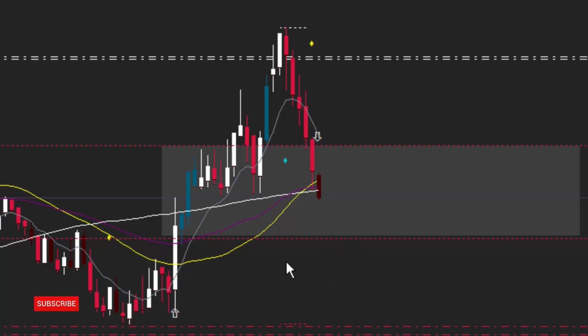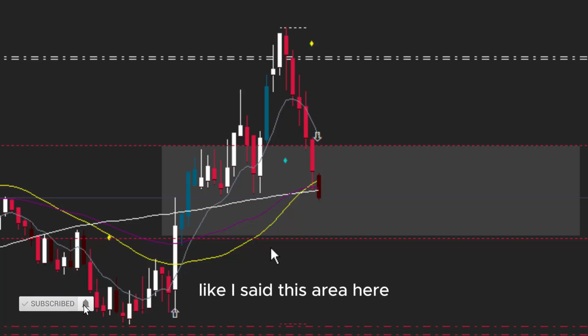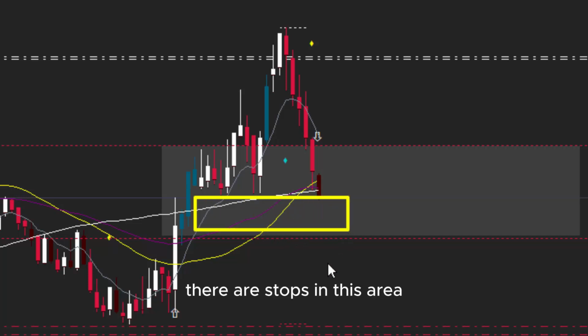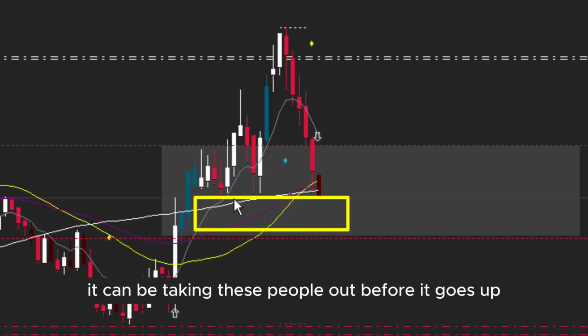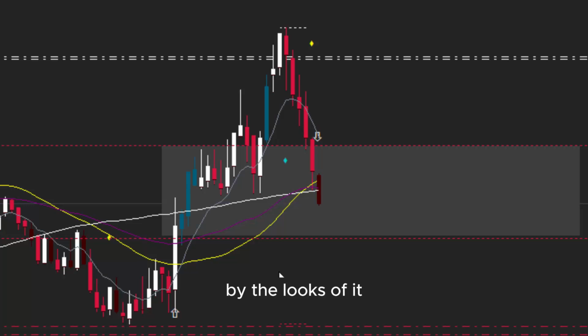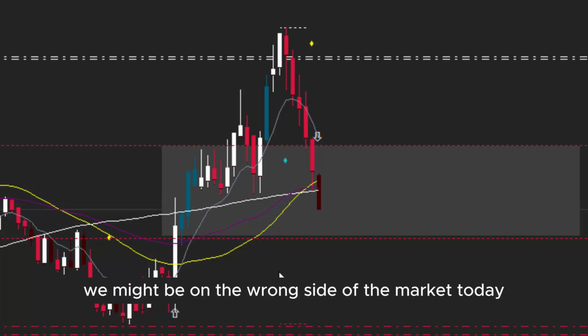However, looking at the market again, this area here, there are stop losses. There are stops in this area. So if the price comes down, it can be taking these people out before it goes up. It is possible. Or it can just be simply going down. By the looks of it, we might be on the wrong side of the market today, I'm afraid.